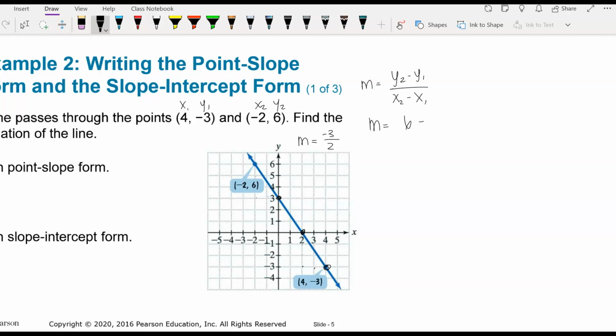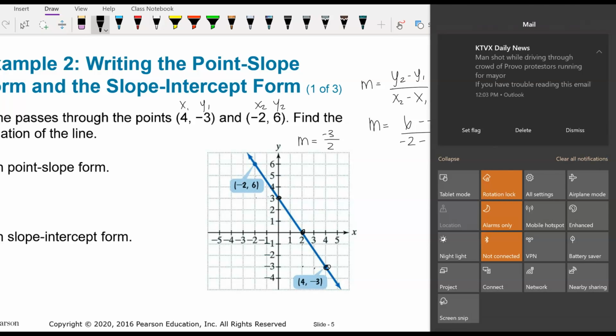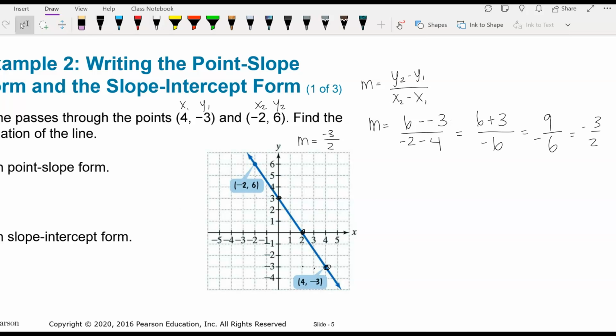So it'd be 6 minus a -3 over -2 minus 4. So 6 plus 3 over -2 minus 4 is -6. So it'd be 9 over -6, which is -3/2. So that's the same thing.